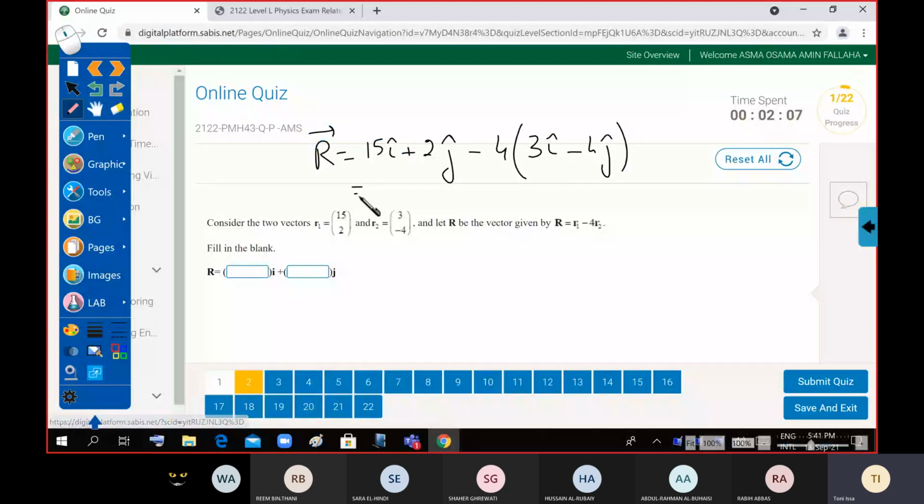Of course, here you should distribute. So when I distribute, I will get minus 12i plus 16j. Then you group i with i and j with j, and your answer should be, this is minus, of course, not plus, it's minus 12i plus 16j, and you will get 3i plus 18j. Okay, and this is what you will get.